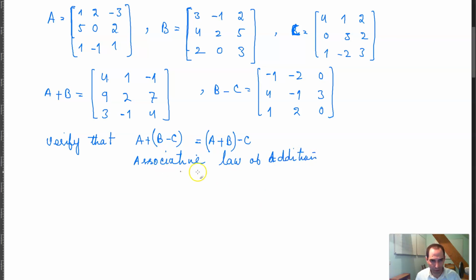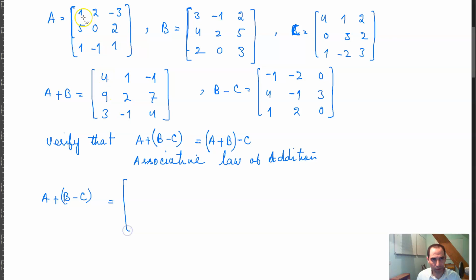Right? So if you want to verify this, a plus b minus c would be, so this is b minus c and this is a, and you want to add these two together.